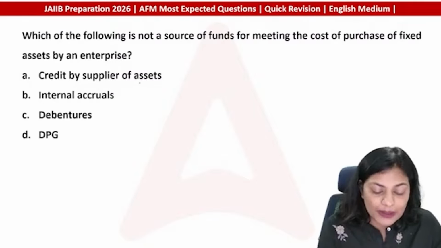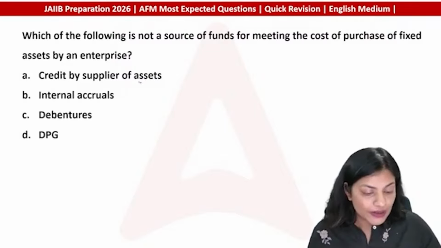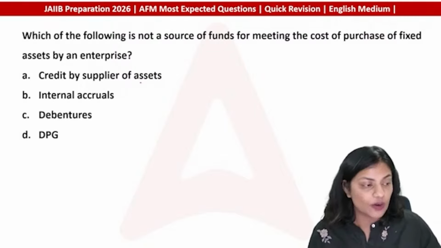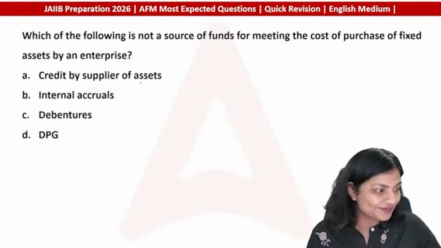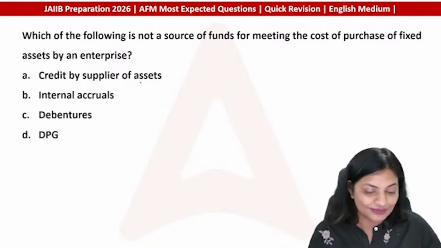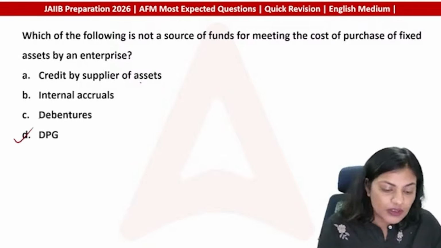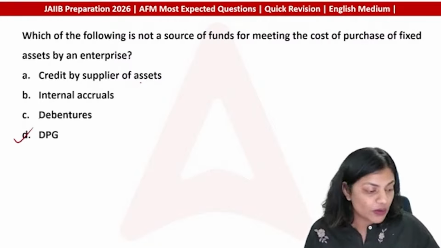Credit by supplier of asset, internal accruals, debentures, or DPG. Now, deferred payment guarantee is not one of the sources.